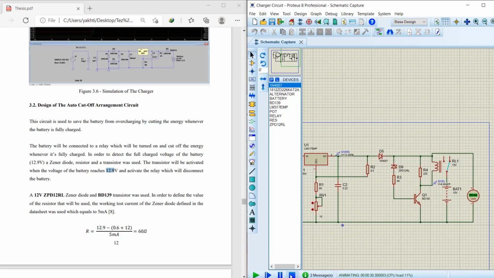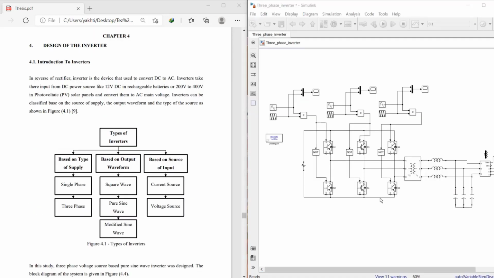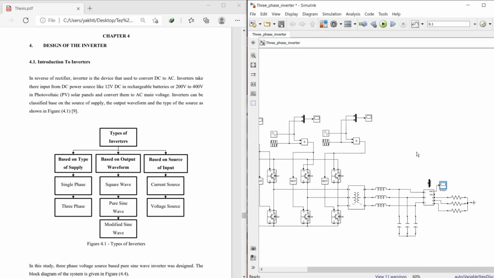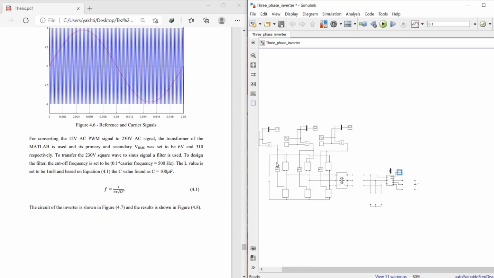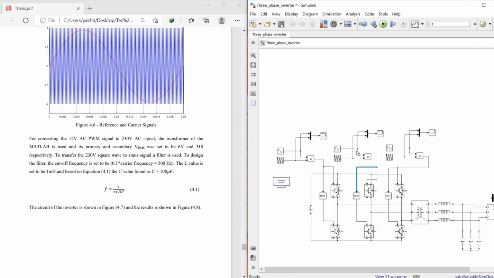Now we came finally to the final part of the project, where the 12 volt battery is connected to an inverter to convert the 12 volt DC to 230 volt AC. The design information is given here, and if we look at the circuit, we can see this is the part where the bipolar scheme is done.